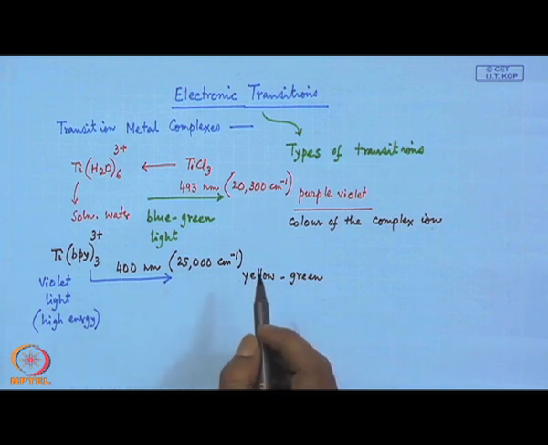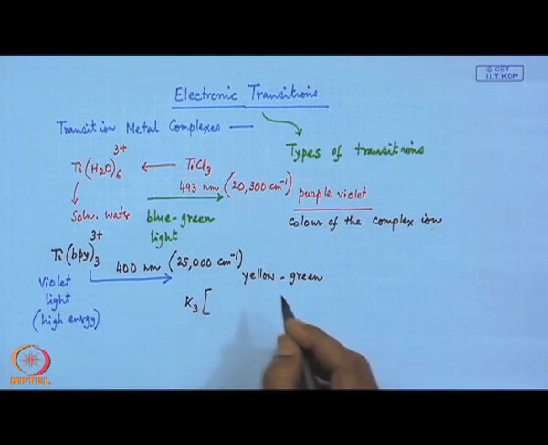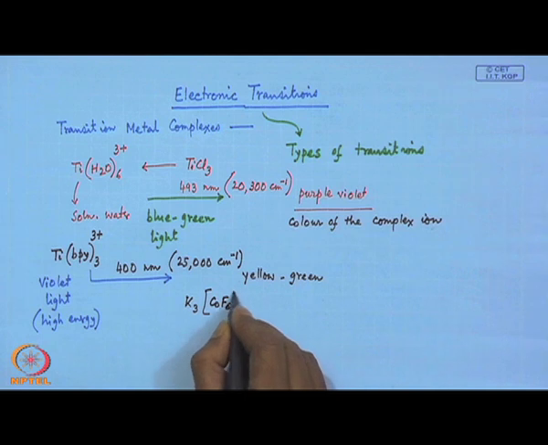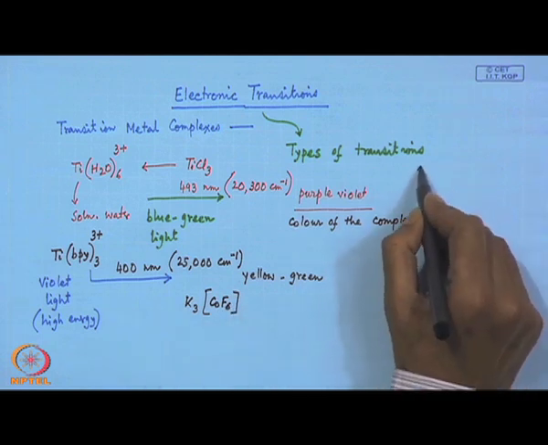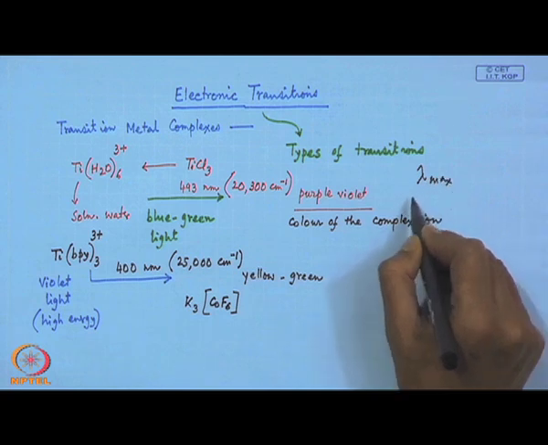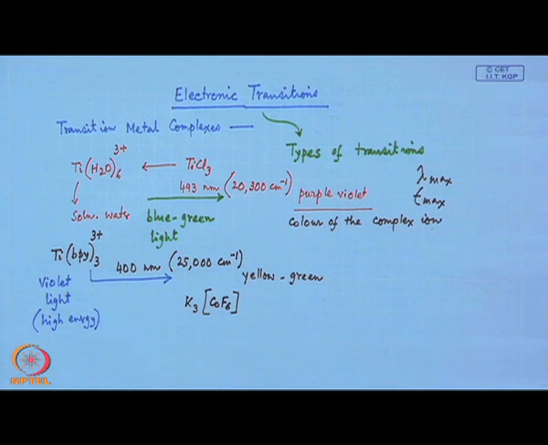So, for this particular species and other species like the cobalt compound, a large number of metal complexes we can handle by measuring the corresponding lambda max values and the epsilon max values.